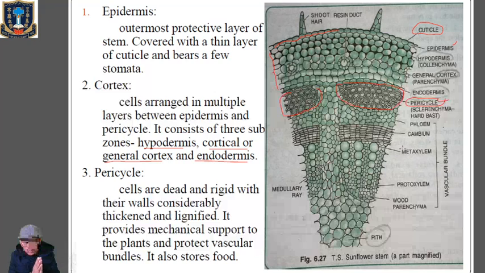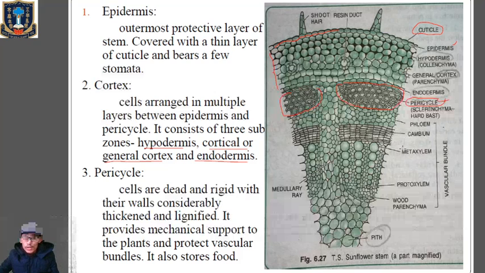The sclerenchyma cells that make the pericycle are dead cells. They are rigid with their walls considerably thickened and lignified. So the function of pericycle is that it provides mechanical support to the plant and protects the vascular bundles, and it also stores the food.